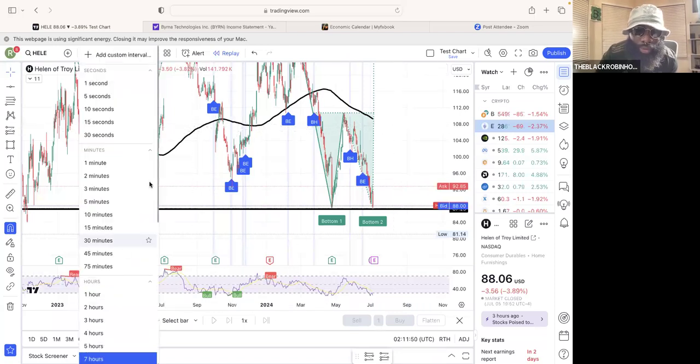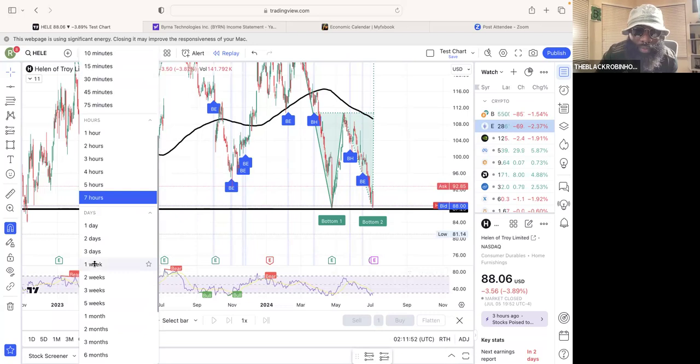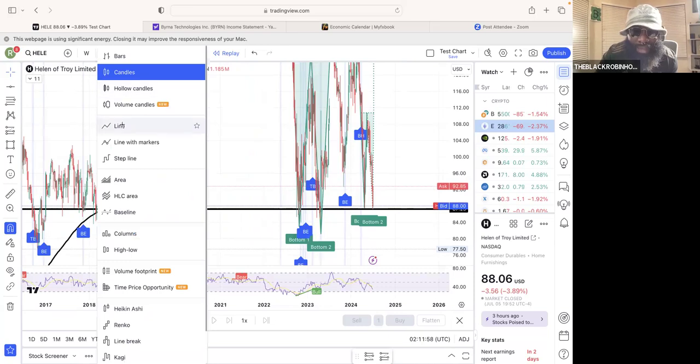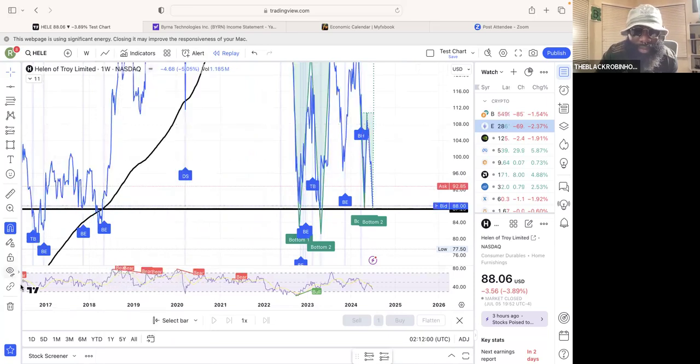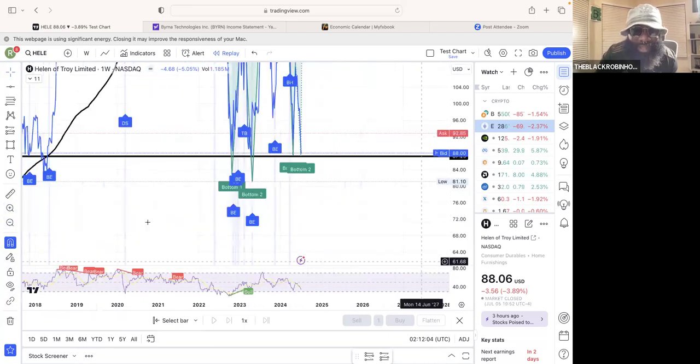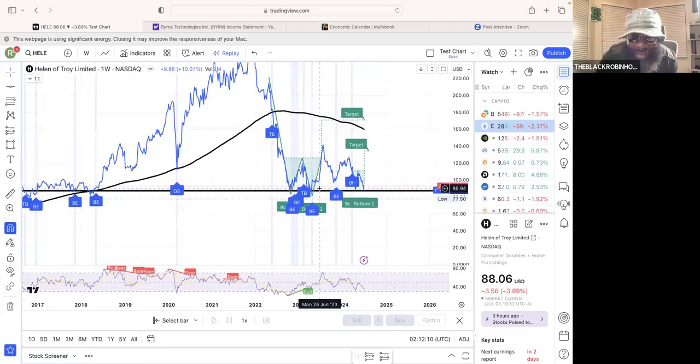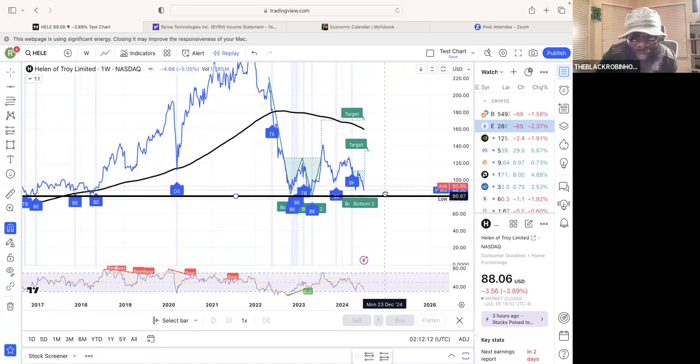So let's go to weekly and let's change it to a line graph and let's maximize it and minimize it. And then let's see where the points are. Like right there.